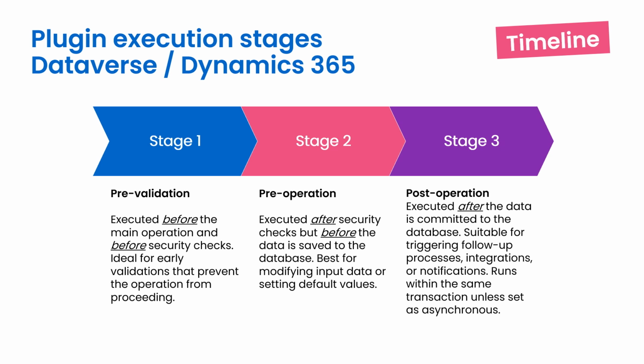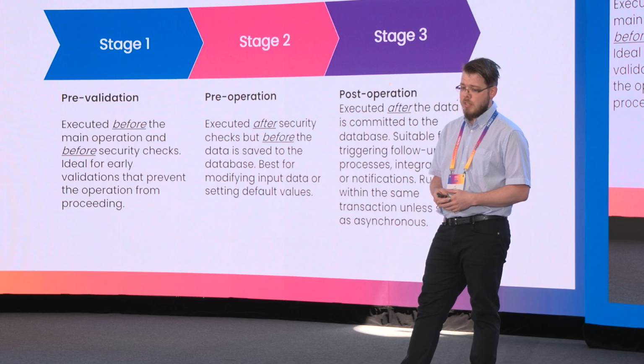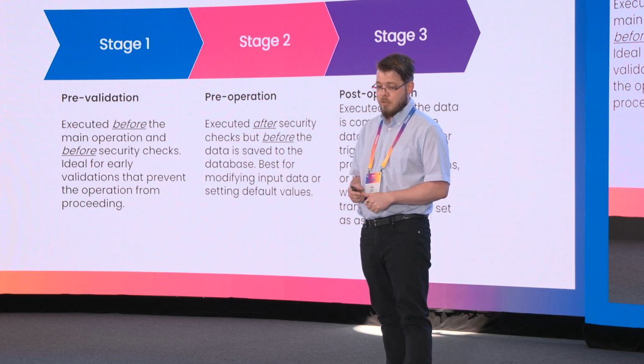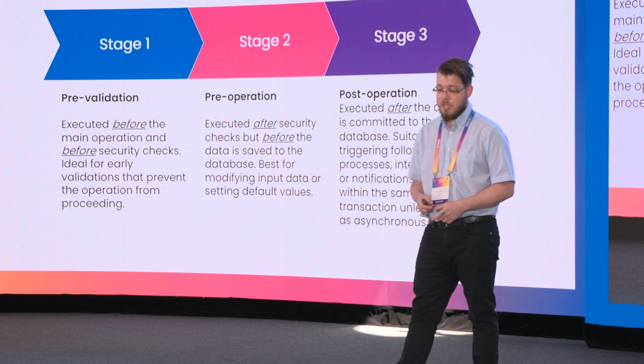The first is the pre-validation, and the big advantage of this stage is that everything triggered is before the security check, and you can also use it for basic data validation.